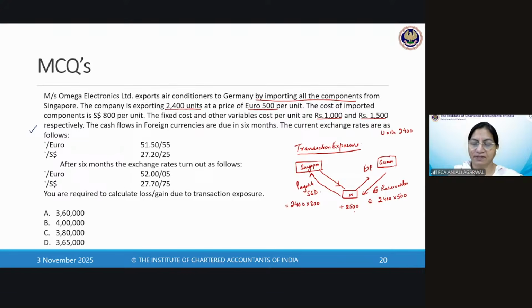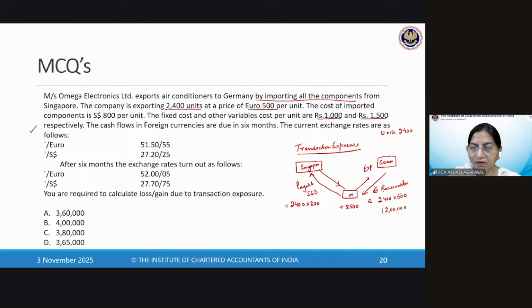today and after 6 months. So if whatever you are exporting, you get the amount today, how much will you get? 2400 into 500 euros. You end up getting 12 lakh euros.